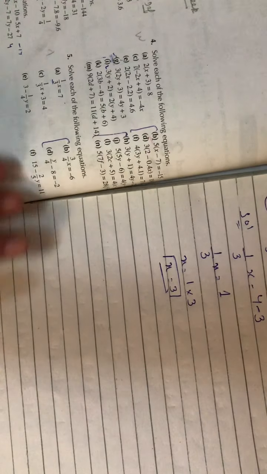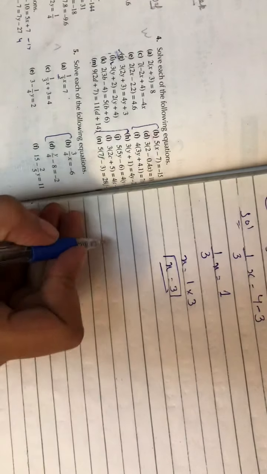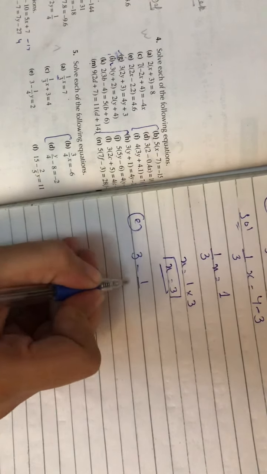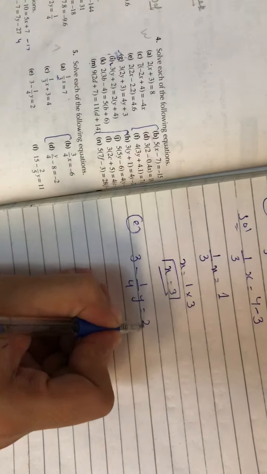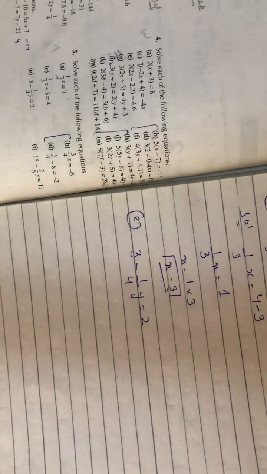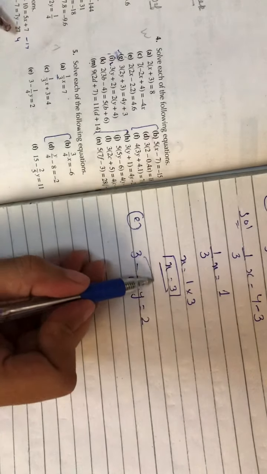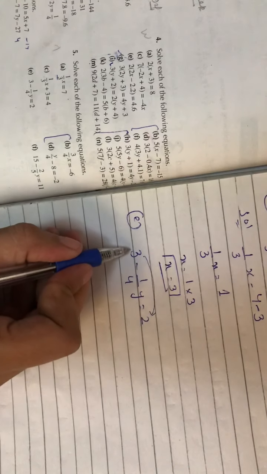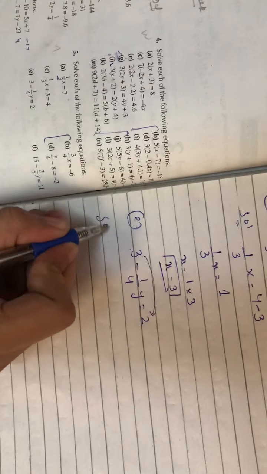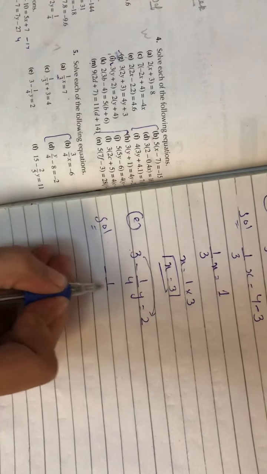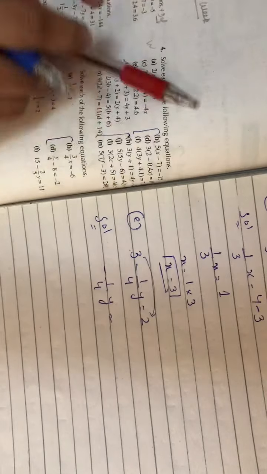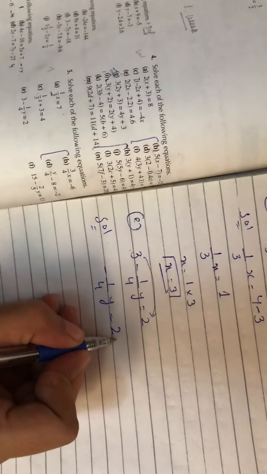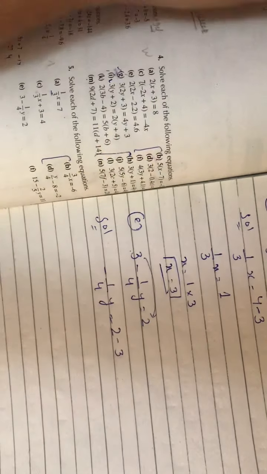Now come to the next part. The next part is E part: 3 minus 1 by 4y equal to 2. Again we combine like terms. First we solve 2 and 3. When 3 shifts to the other side, it will be subtracted because there is plus. First you write the solution: minus 1 by 4y as it is, equal to 2 minus 3.